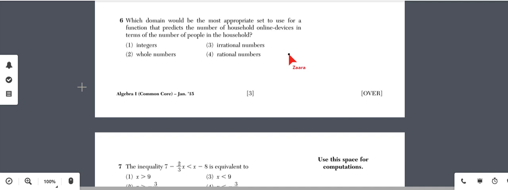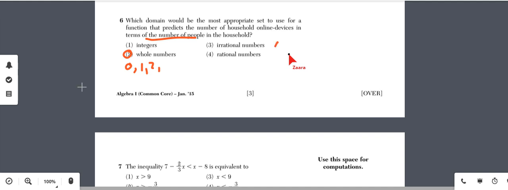Which domain would be the most appropriate set to use for a function that predicts the number of household online devices in terms of the number of people in the house? So the domain is the number of people, and the number of people can be a whole number. Whole numbers mean it can be zero if there is no person in the household, one person, two persons, so this is possible. Irrational numbers we can't take.